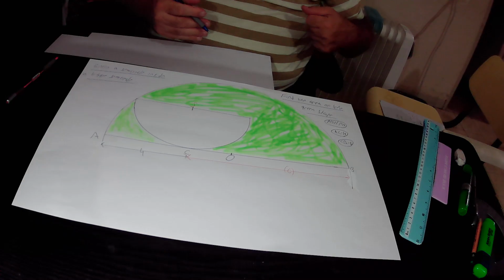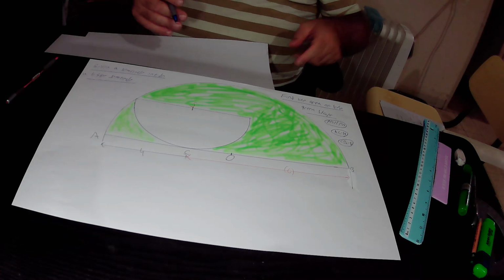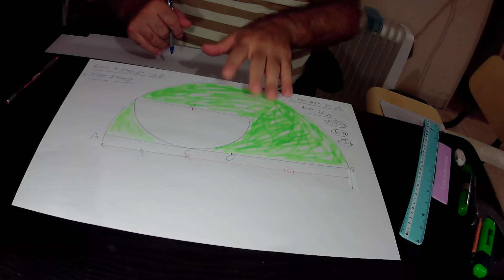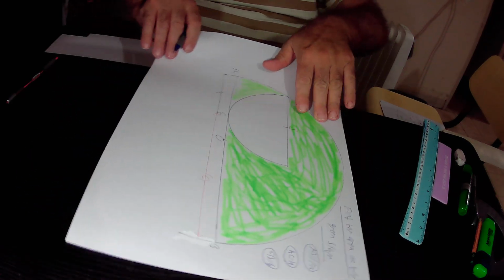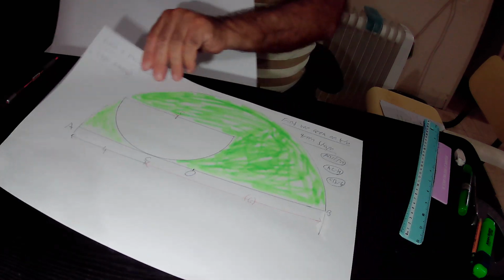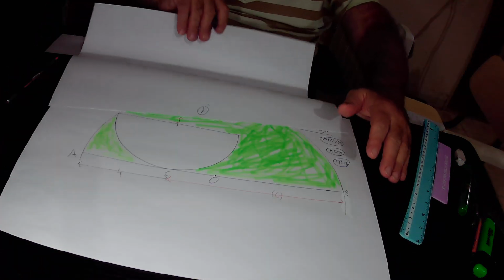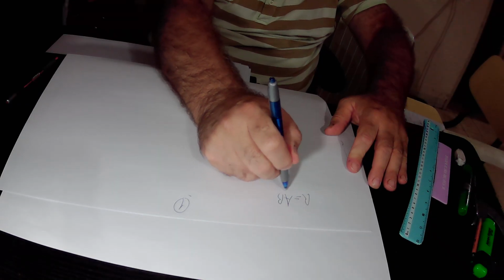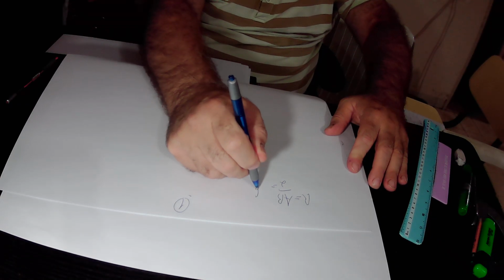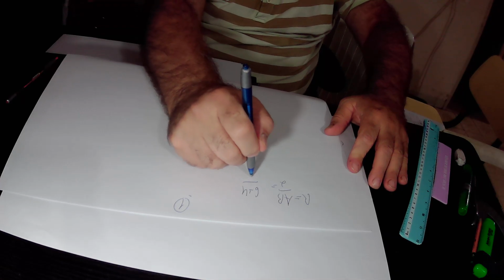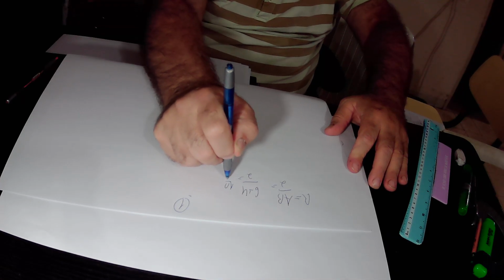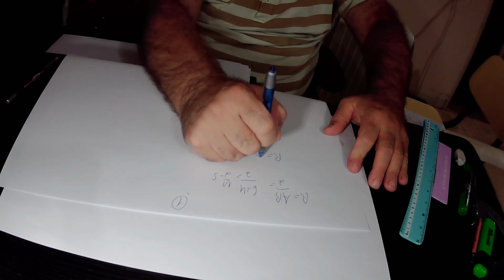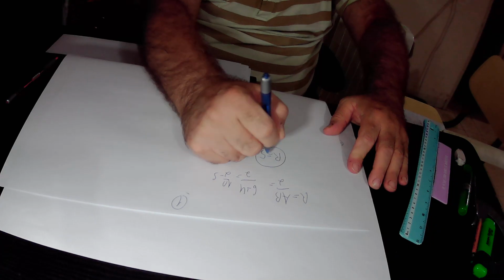And the radius must be equal to half of the diameter. We define the radius of this big semicircle as R. So the radius R of this big semicircle must be equal to the diameter AB over 2. AB in total is 6 plus 4 over 2. 6 plus 4 is 10, and 10 over 2 is 5. So we found out that the radius R of the big semicircle equals 5 units in its length.